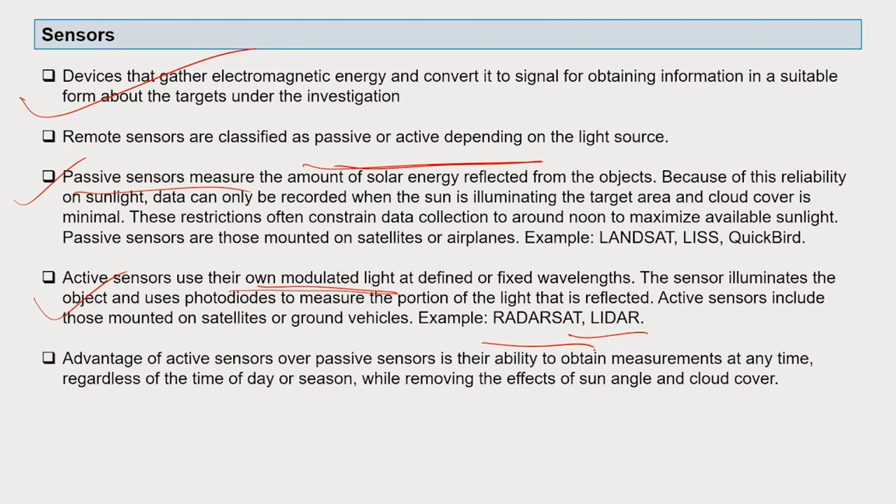You might find, if you go to some parts of Punjab and other places, some experiments are going on; they will have a vehicle with radar sat or LiDAR kind of sensors. The advantage of these active sensors over passive sensors is their ability to obtain measurements at any point of time. Active sensors don't need to wait for bright sunlight, and they don't bother about cloudy weather.